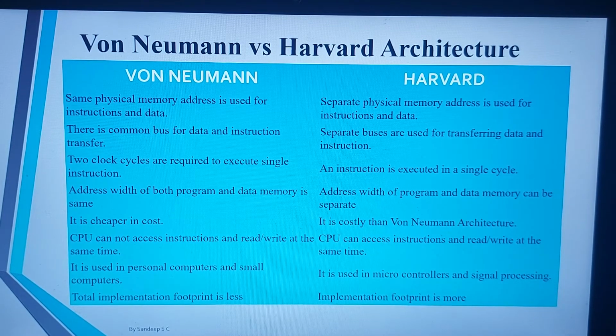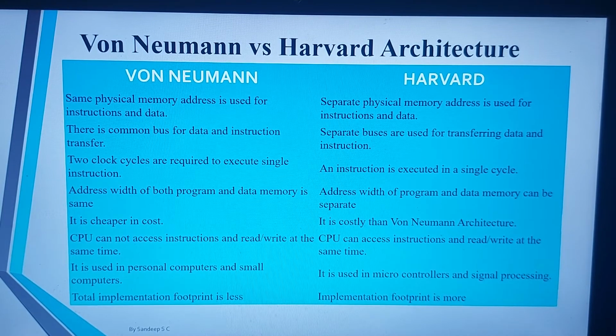So in case of von Neumann, separate clock cycles are required for the same instruction, because one clock cycle is required to read the instruction and another clock cycle is required to read the operand, because they cannot be accessed simultaneously. Whereas in case of Harvard, an instruction can be executed in a single cycle, because instruction and data both can be accessed simultaneously.